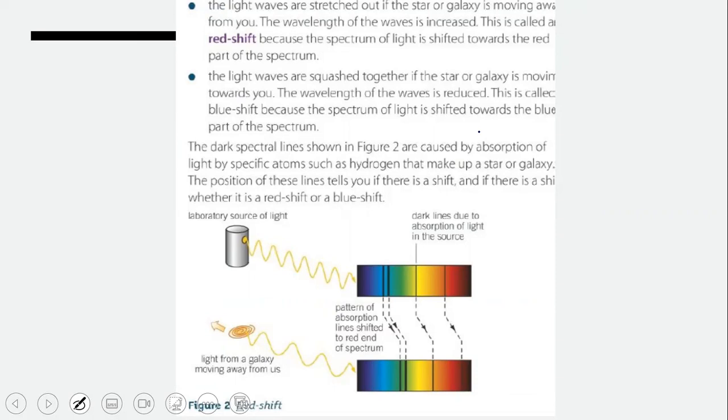We can take a look at the wavelengths, and by looking at the wavelengths, we can tell in which direction the universe is actually moving. Wavelengths of what? Wavelengths of electromagnetic radiation, right? That's what you have in your solar system.